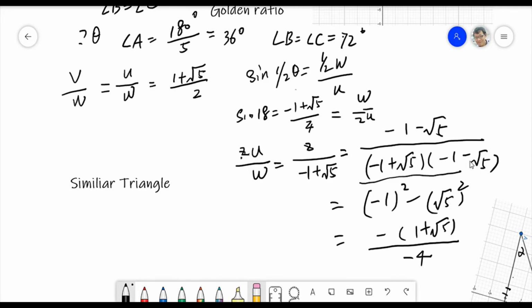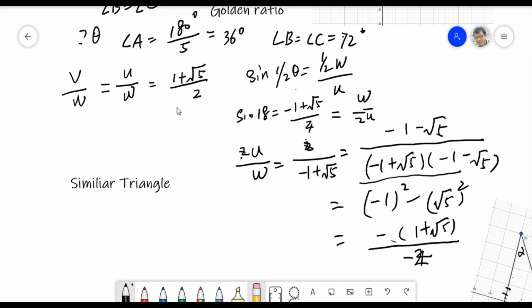Sorry, that's a little mistake. The sine 18 is not over 2, but over 4. So here the 2 can still be kept, so this should be -2. Sorry. Okay, so now we can see that it's totally equal, right? If we divide by the negative sign, it's 1 plus square root of 5 divided by 2.